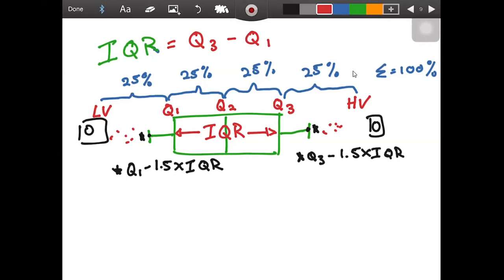After this, we do a calculation. So this is the format for how we are calculating the interquartile range and determining the outliers.